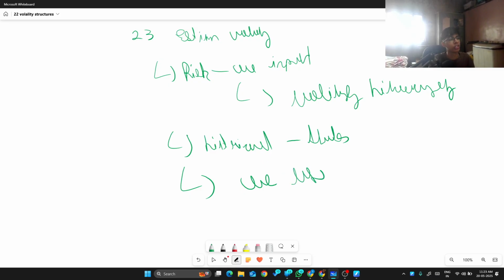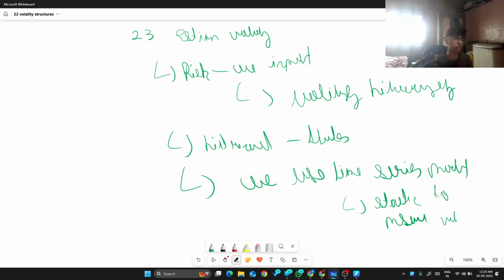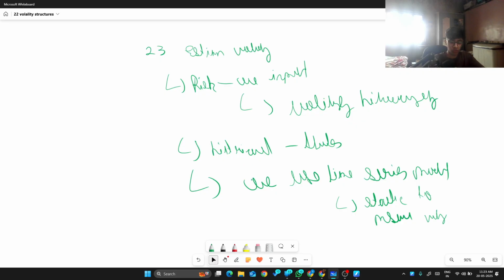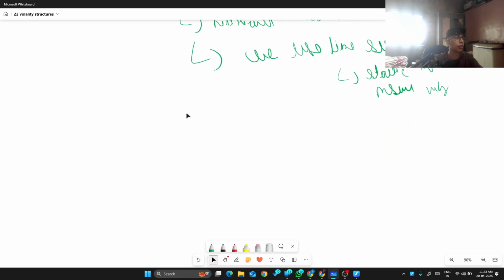We use time series models or statistics to measure volatility. So what are the models we use? First is the simple volatility model that we have seen earlier.